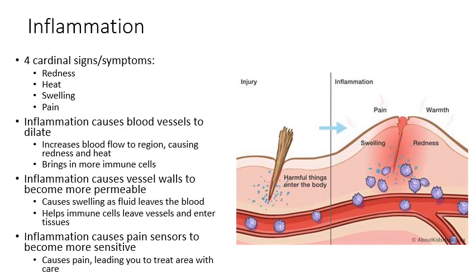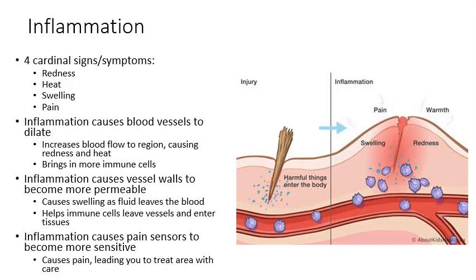Inflammation causes your pain sensors to be sensitized, which basically means that stimuli that would normally not activate them will activate them. So normally, if you have a light touch, that's not going to activate pain receptors. It activates just normal touch receptors. But if you were to bang your hand into something, that is enough force to activate pain receptors.